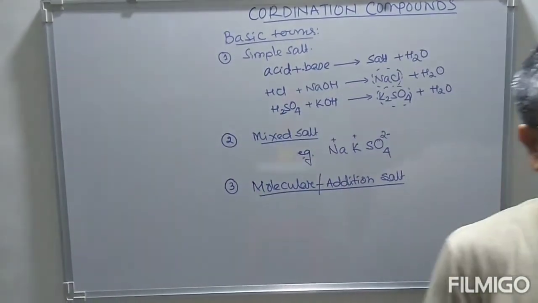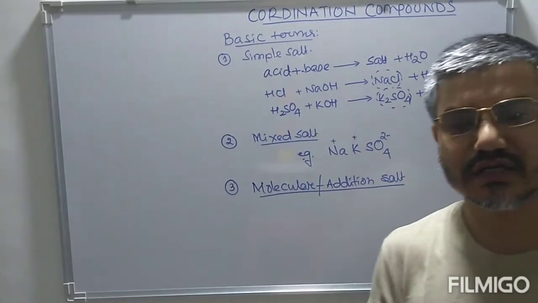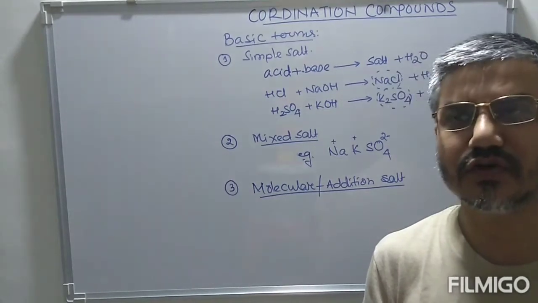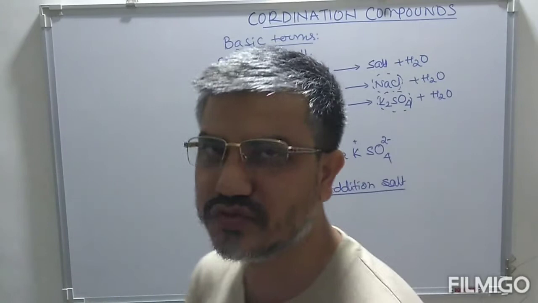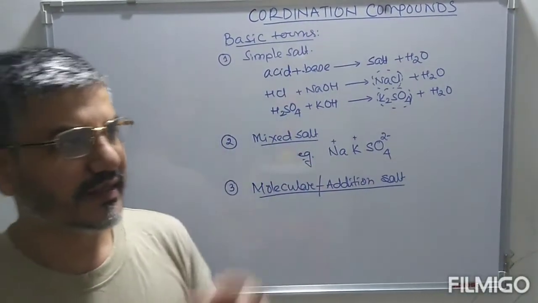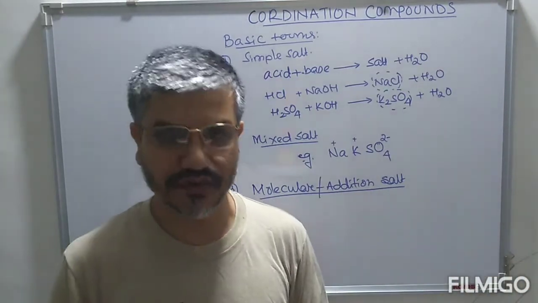So these molecular or addition salts are crystalline compounds which are obtained when two or more different types of salts taken in stoichiometric ratio are allowed to evaporate.